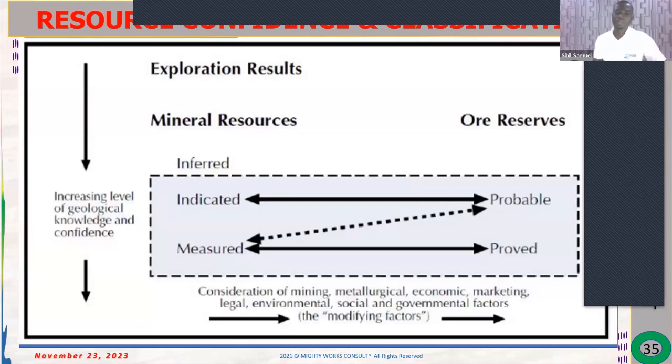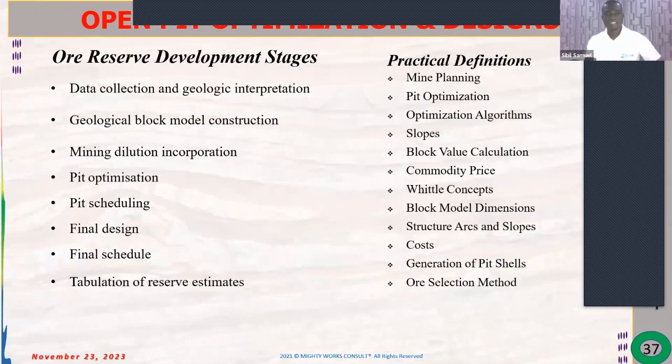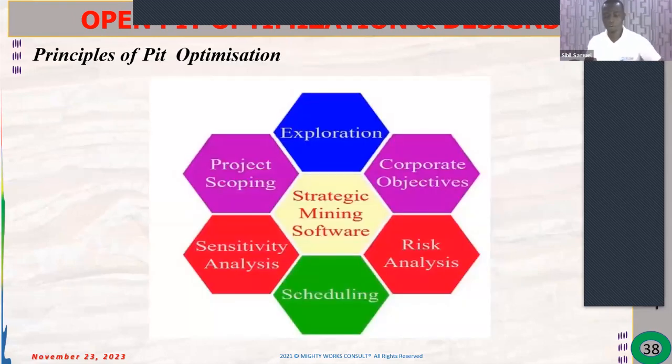With the environmental factors, the metallurgical, economic, marketing, everything, it will come out that even though it is inferred, indicated, or measured, we can go further and say, okay, this is probable and this is proven. And this information is important for pit optimization. So you can come up with something like this, and that is it for just the resource estimation.